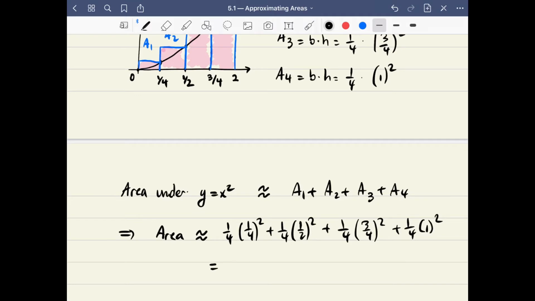Actually, you can write this as 1 over 4 times 1 over 4 squared plus 1 over 2 squared plus 3 over 4 squared plus 1 squared.